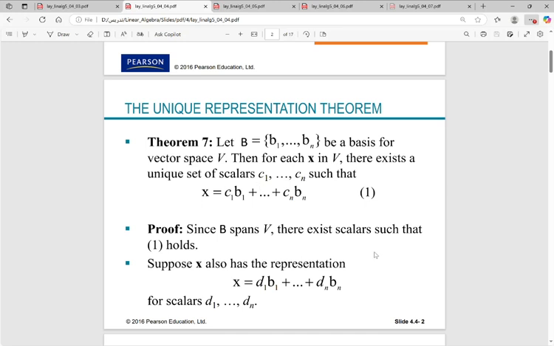Let me draw something. So this is some R2 space, and this is a point. And you want to find the mukhtasat of this point, or coordinate of this point. Actually, the mukhtasat of this point is a vector of size 2.